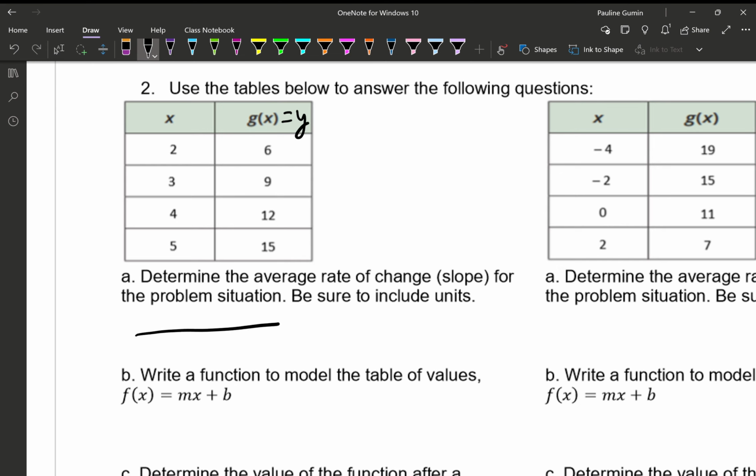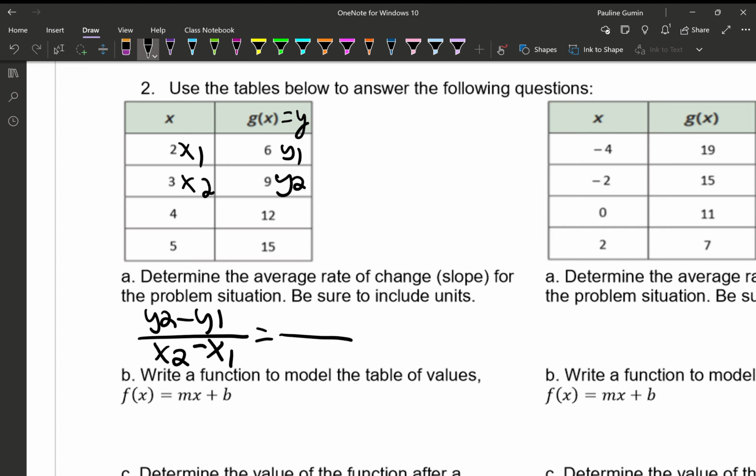So the formula states that we do our second y minus our first y, y2 minus y1, over our second x minus our first x. So exactly how we did our common difference. Second term minus first term. All right, so for letter A, we got 9 minus 6 over 3 minus 2. So that's 3 over 1.